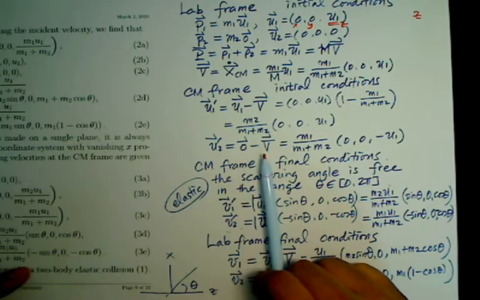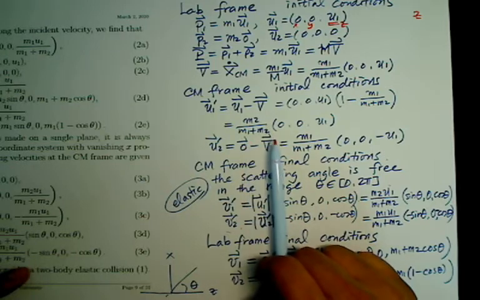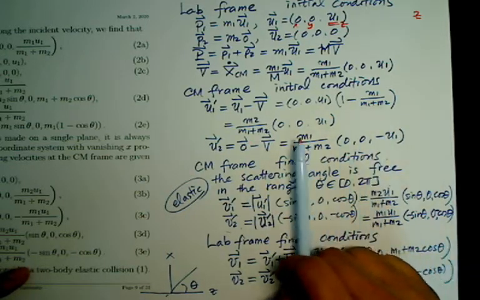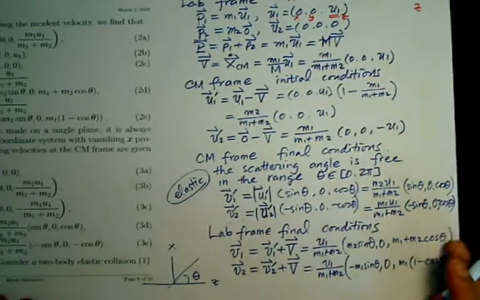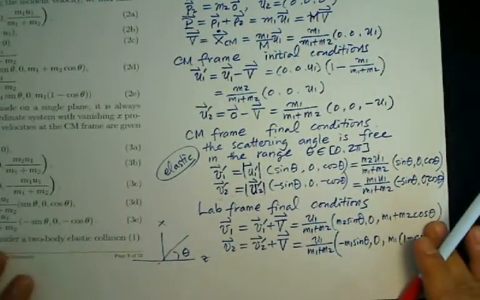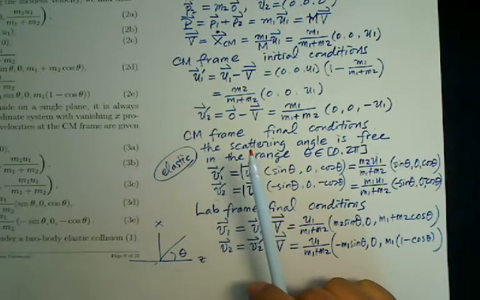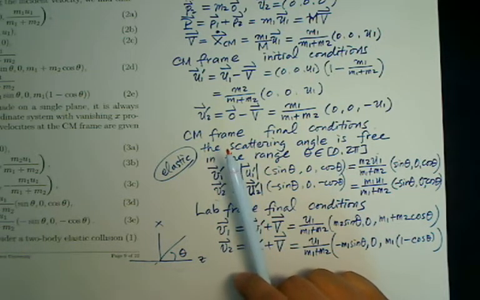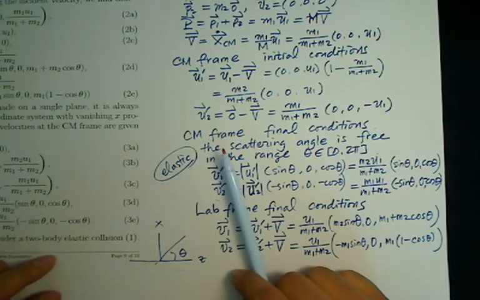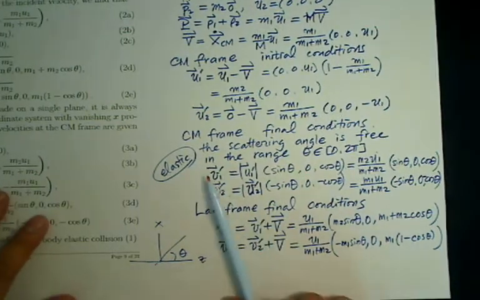Thus the CM frame value is minus V, that is minus U1 M1 over M1 plus M2. Because if we consider the elastic collision, the speed, initial speed and final speed of each particle, must be the same. Therefore, it is good to use the center of mass frame.